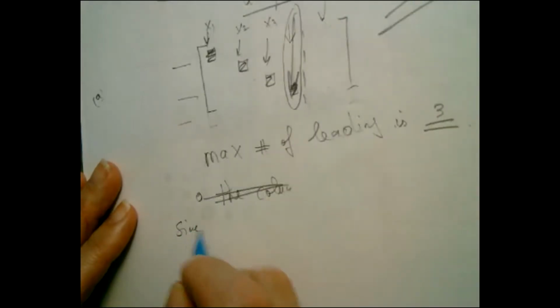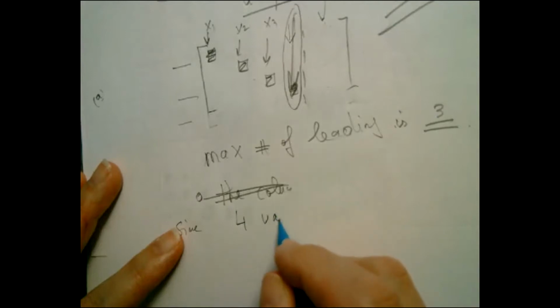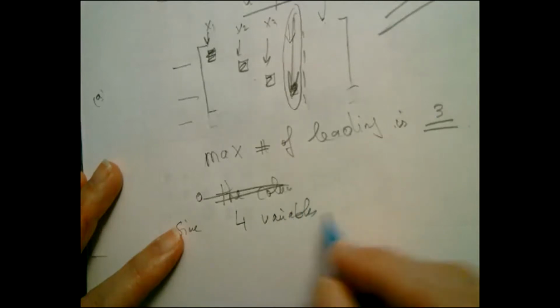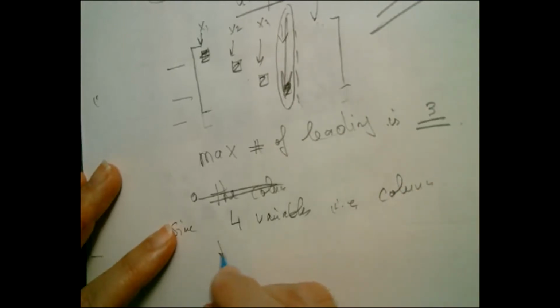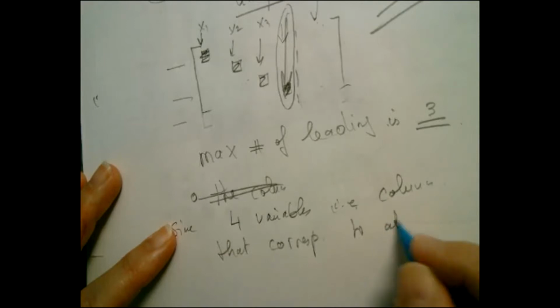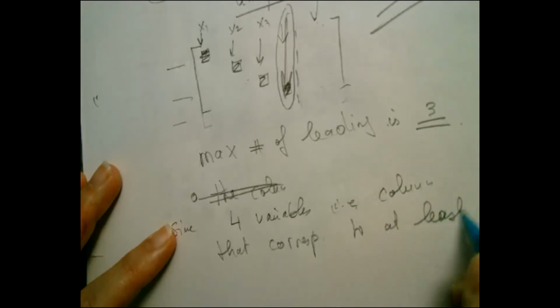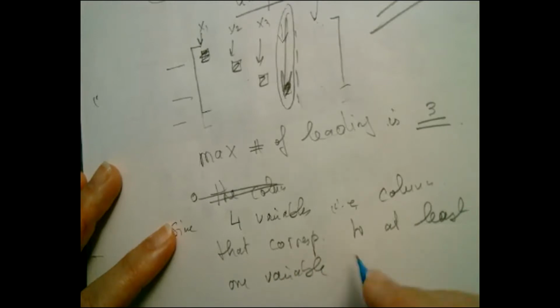Since we have 4 variables, it means that the column that corresponds to at least 1 variable has no leading entry.